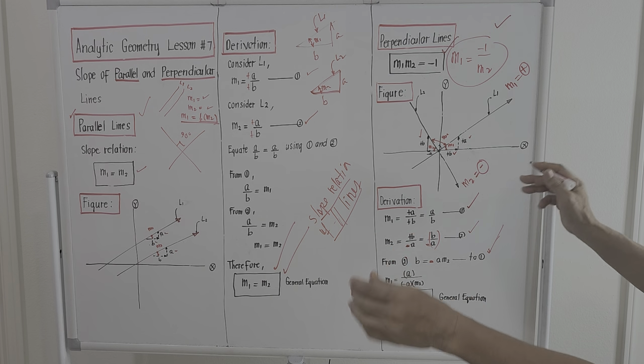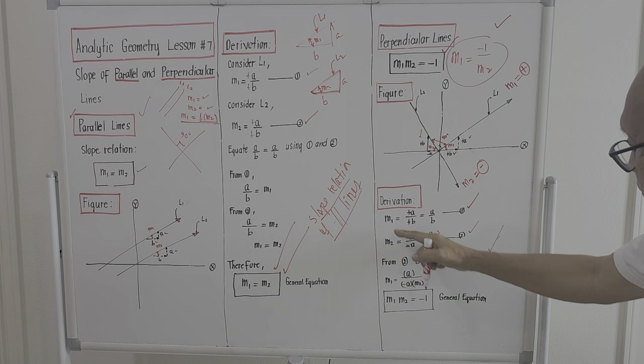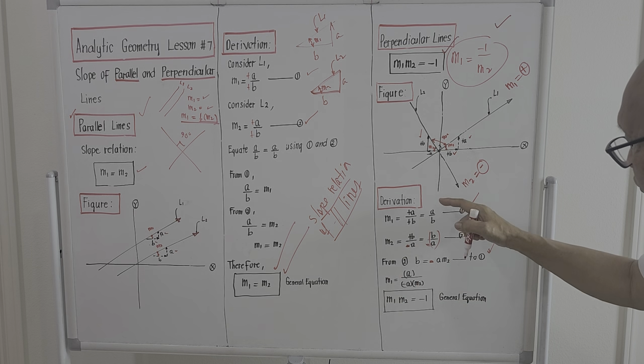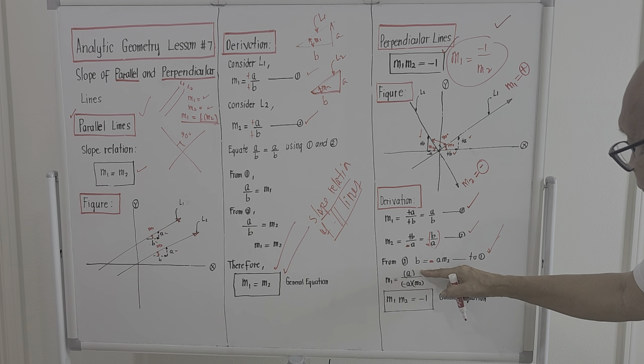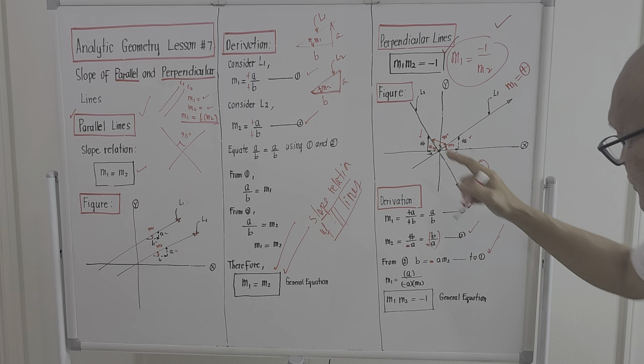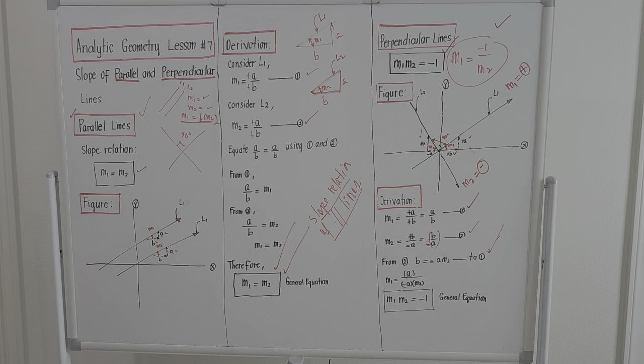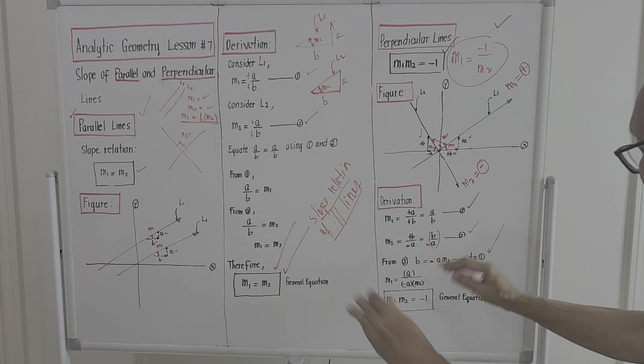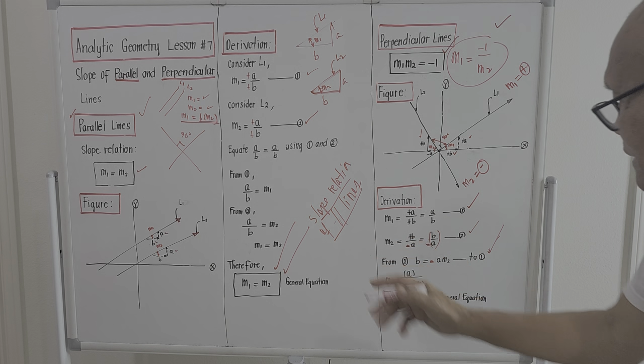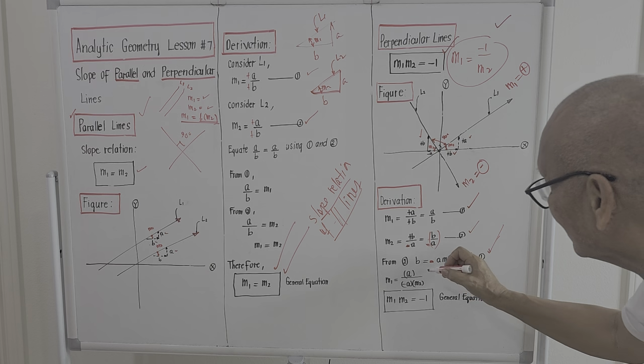So going back to equation number 1, I'm following this. M1, the numerator is positive A. The value of B in terms of A is negative A times M2. Okay? I put a quantity so I can show you the cancellation without any violation.